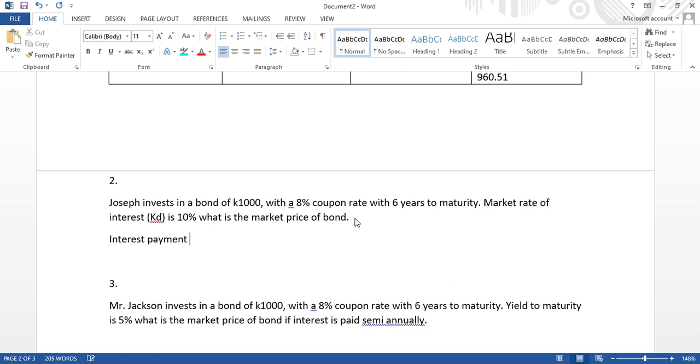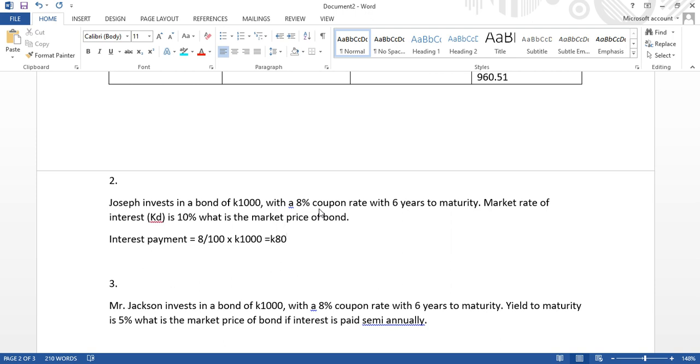So let's find our interest payments. To get our interest payments, the interest rate, which is our coupon rate, 8%, times the par value, 1,000, we're going to get 80 kwacha.